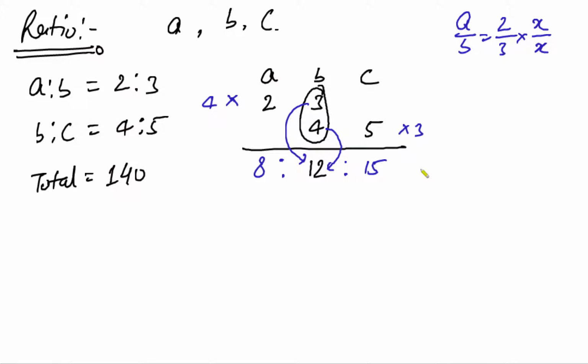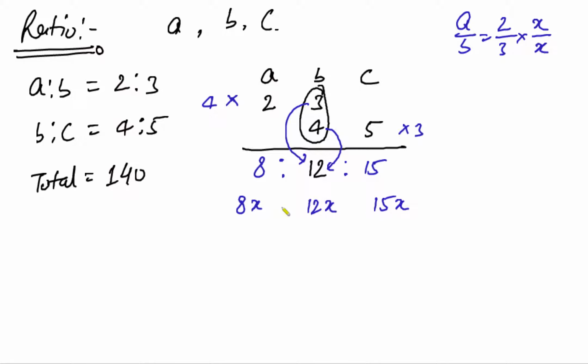So that's a ratio. The other understanding is, we can also say that if the value of A is represented by 8x, where x is some common factor, then the value of B will be 12x and the value of C will be 15x.